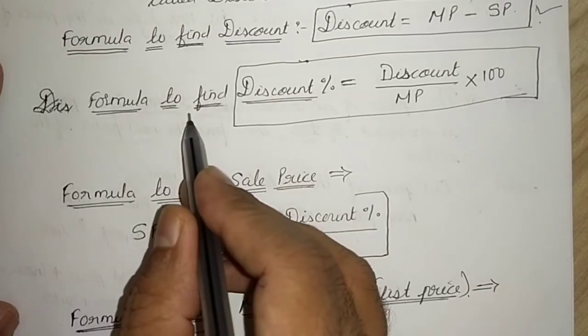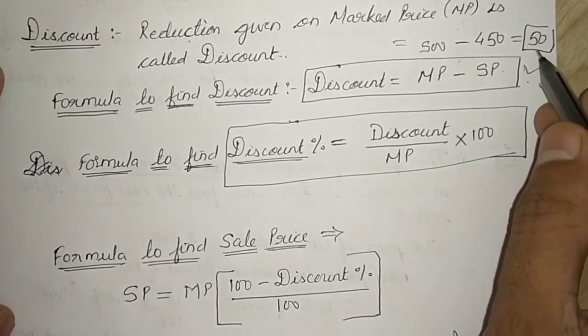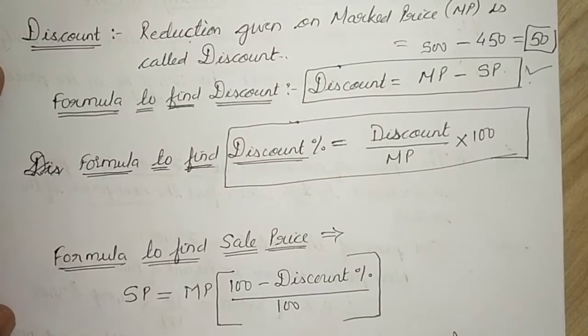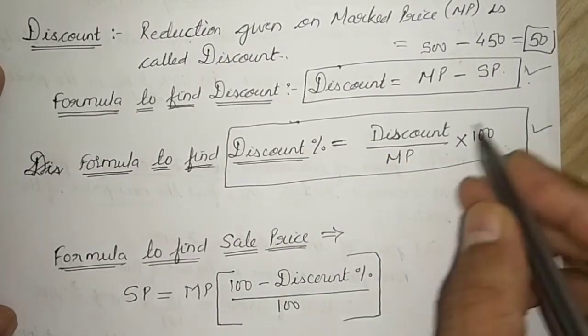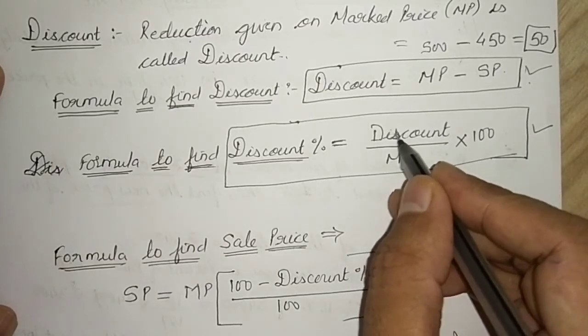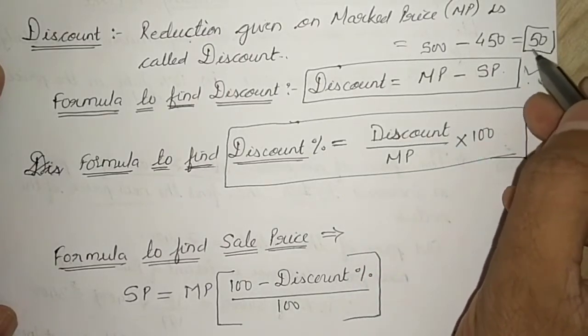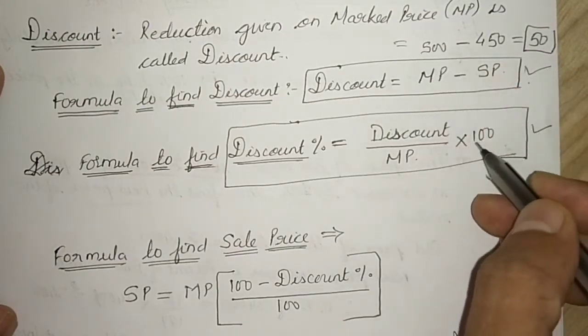Similarly, the formula to find the discount percentage. If they tell you that the discount is 50 rupees, find the discount percentage. So what will you do? You will take this formula and put in the values given. Discount is 50, divided by the marked price, 500, into 100.